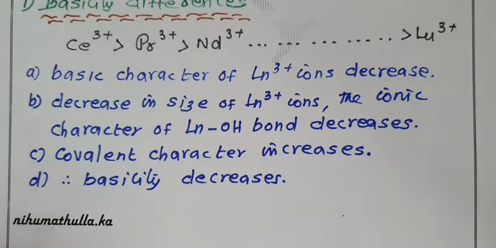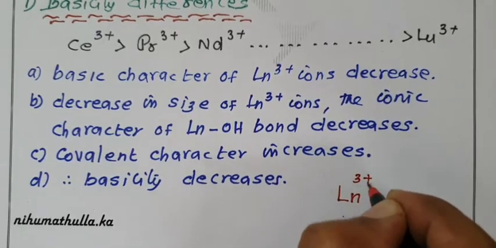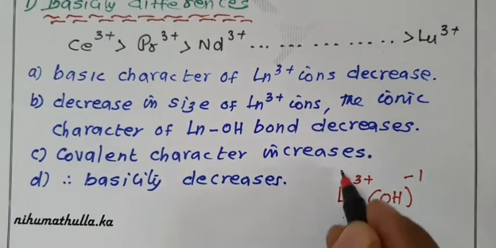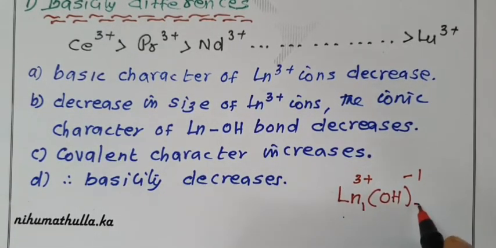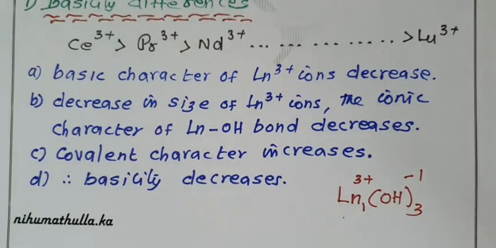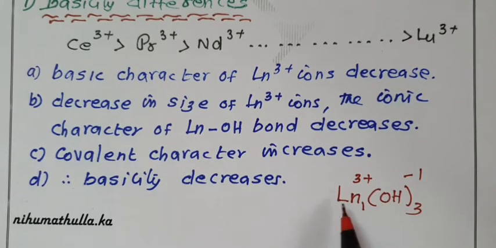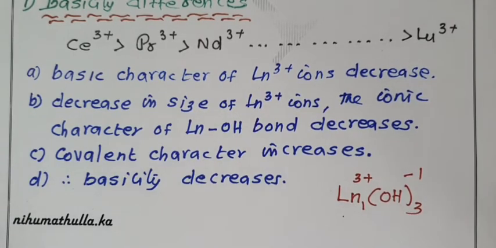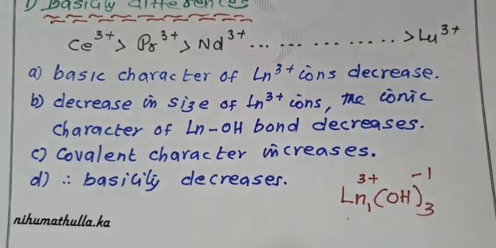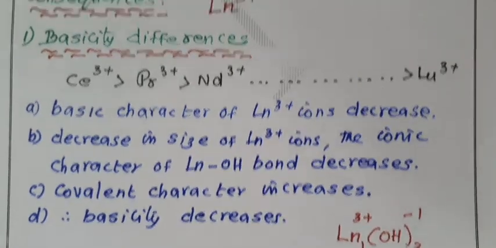In Ln, the common oxidation state is 3 plus, and OH is oxidation state minus 1. When we cross, that 1 is here, this 3 is there: Ln(OH)3, lanthanoid hydroxide. Instead of Ln, you can write La, Ce, Lu, etc. Ionic character of this bond decreases and covalent character increases, therefore basicity also decreases.